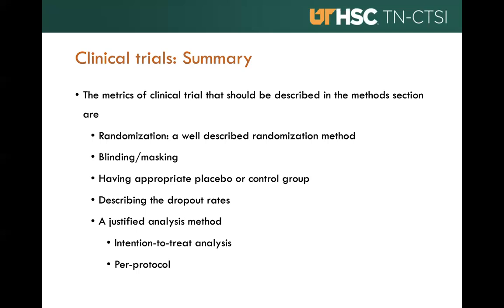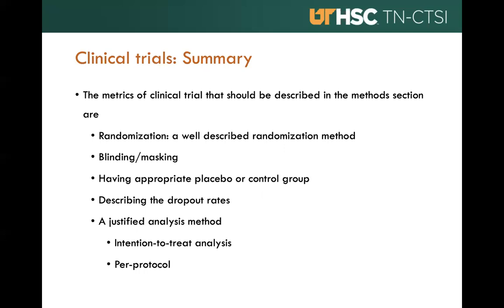Did we use random numbers to assign participants to the intervention arm and to the placebo or control arm? Did we use some statistical software to make the assignment of participants into the different arms, which mostly ensures the randomization? So we have to describe this in detail.